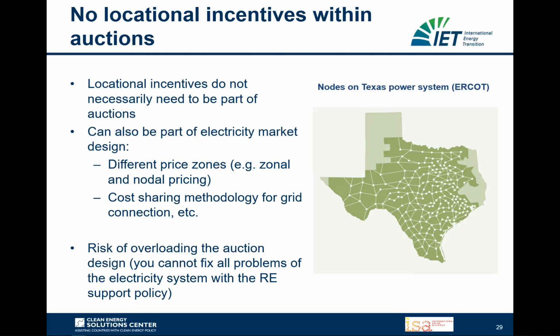And some analysts say, hey, instead of having an auction which is increasingly complex, where project developers need to go through 400 pages of bidding documents to really understand all of this, why don't you tackle the problem at its very source and try to design your electricity market in a way that you have locational incentives, like, as you see here, the nodal pricing market that you have in the ERCOT system in Texas.